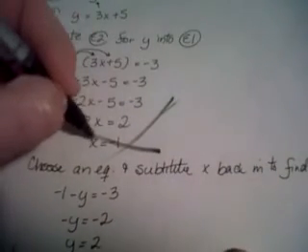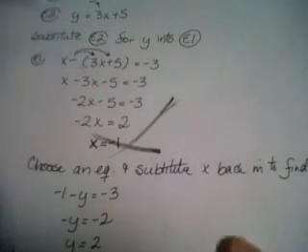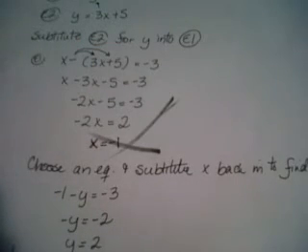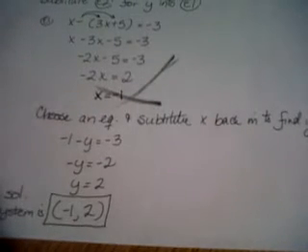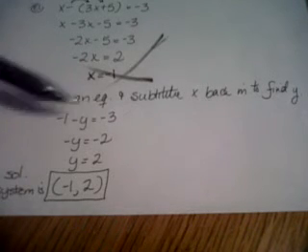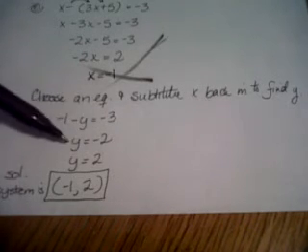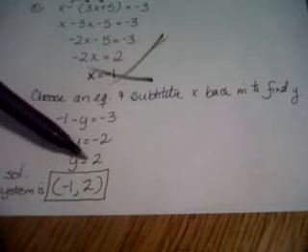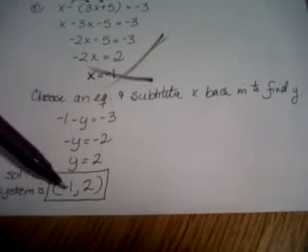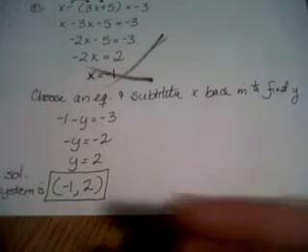Now, after I get x equals -1, I'm only halfway there. I need to go back and find out what my y is equal to. So I can choose any equation I want to find my y. I actually chose my first equation this time, and I put -1 in for x, minus y equals -3, negative y equals -2, divide both sides by the negative, and I get y equals 2. So my solution is -1 and 2.